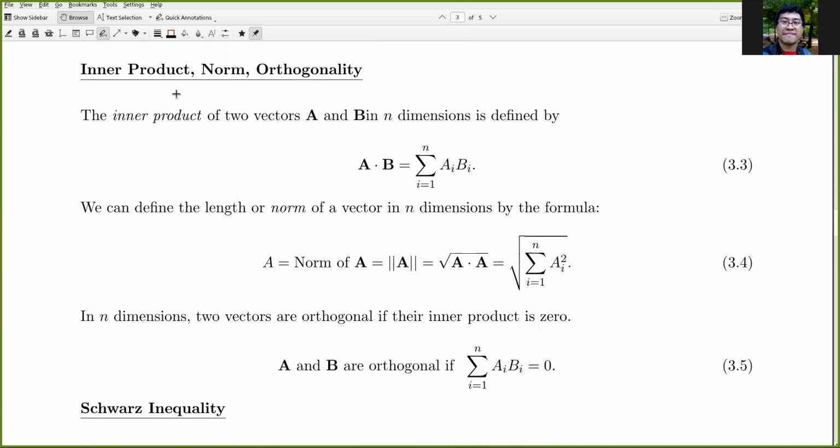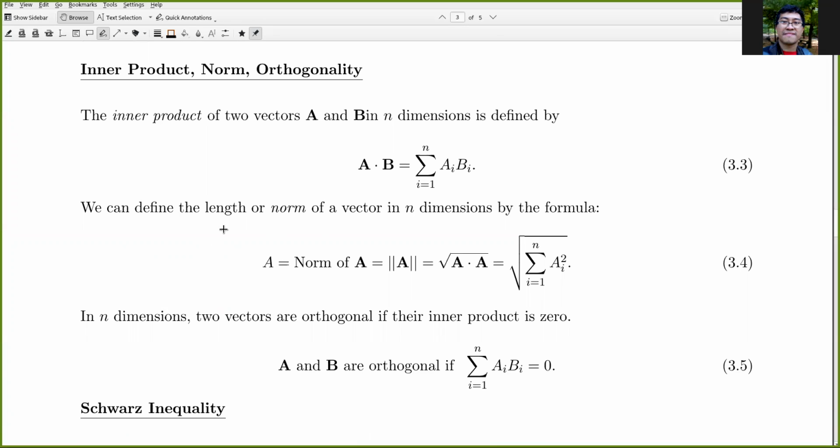Now let's consider three quantities: inner product, norm, orthogonality. The inner product of two vectors A and B in n dimensions is defined by A dot B given by the summation of A_i times B_i where i runs from 1 to n.